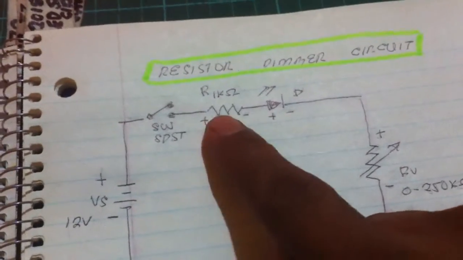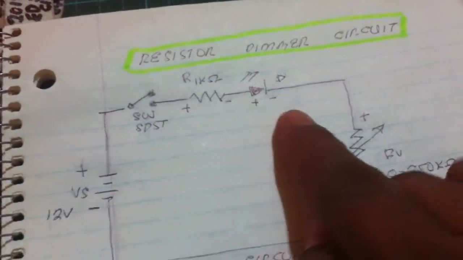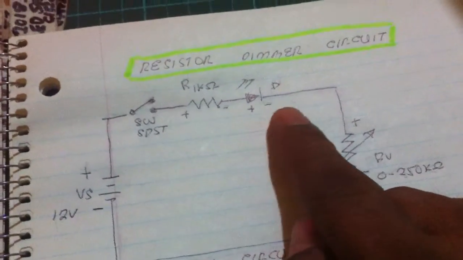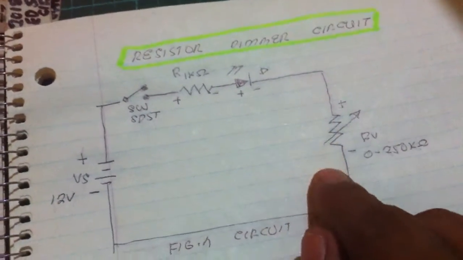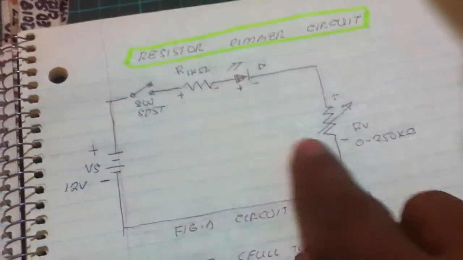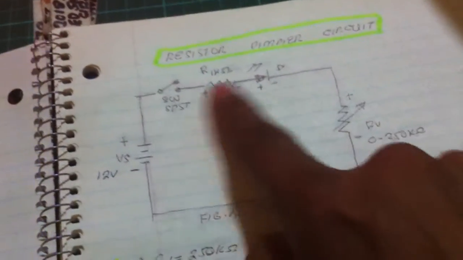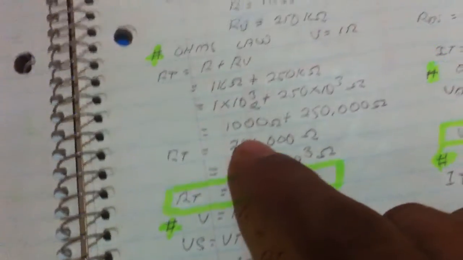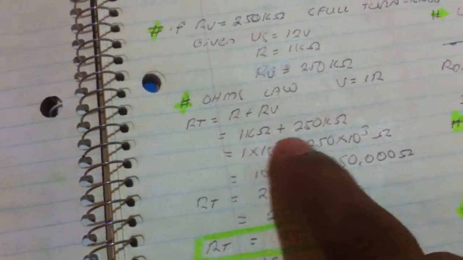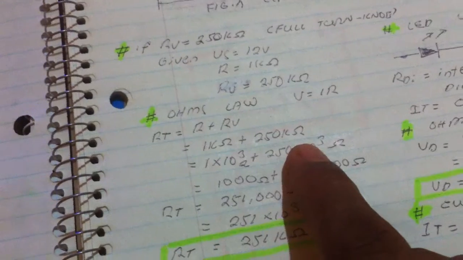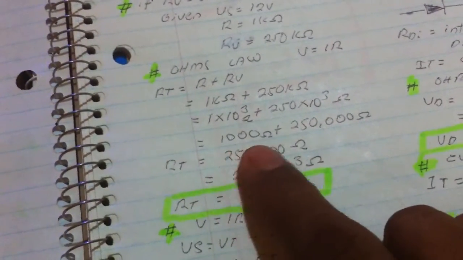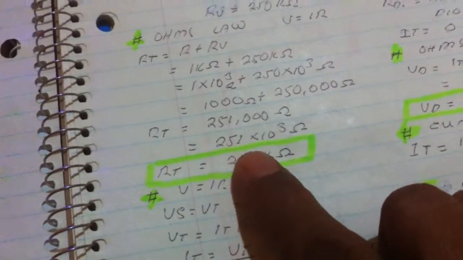RT is equal to R plus RB. It means we're going to add all the resistance since we are in a series circuit. Resistance here and here is equal to the total resistance in a circuit. So we have 1 kilo ohm plus 250 kilo ohms, and simplifying that, we got 251 kilo ohms.